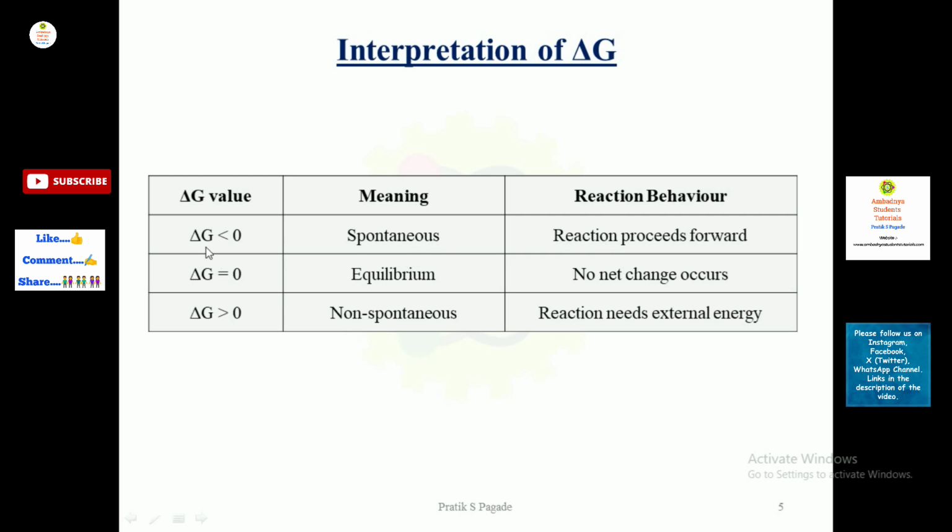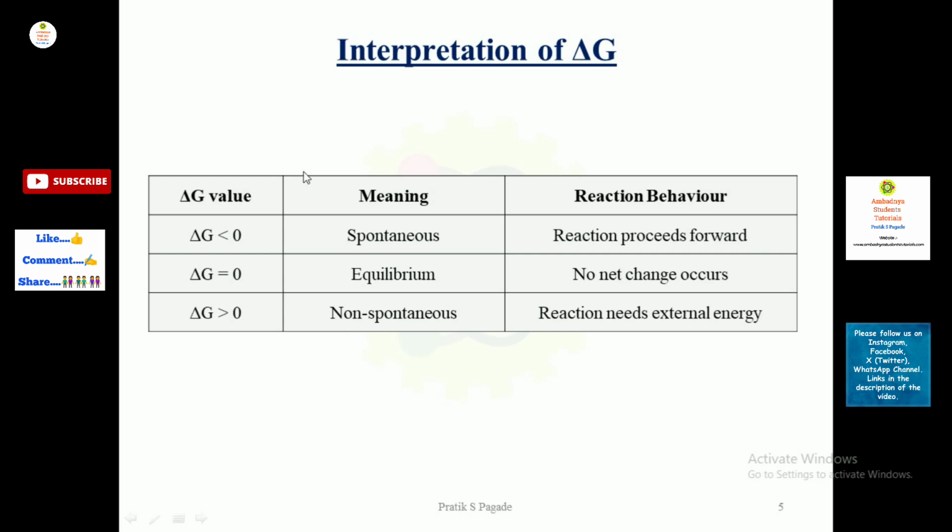If delta G is less than 0, that is negative, then the process or reaction is spontaneous and the reaction proceeds forward. There is no need of an external source of energy for the reaction to happen.